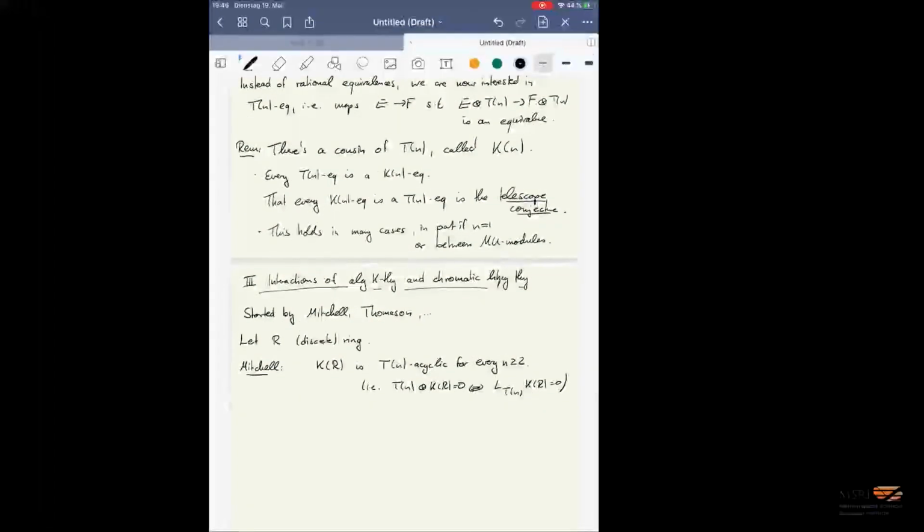So this might be a disappointment because almost all of these are 0. And if you have heard the term redshift, this is also related to this, because, so note, if we view R as HR, so as an Eilenberg-MacLane spectrum, it's a fact that Tn of HR is 0 if n is bigger or equal to 1.